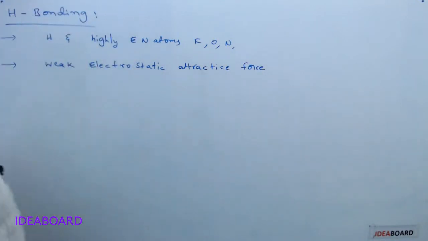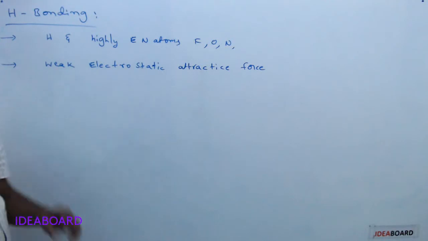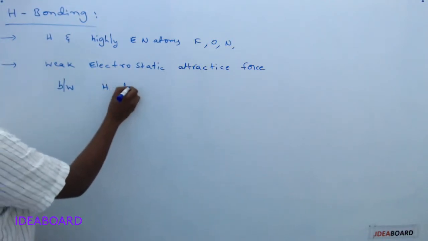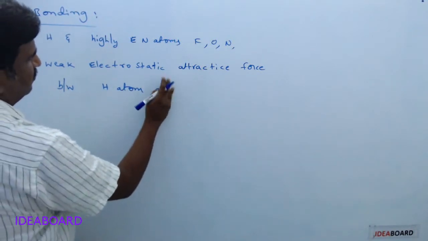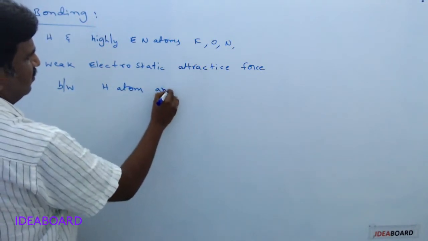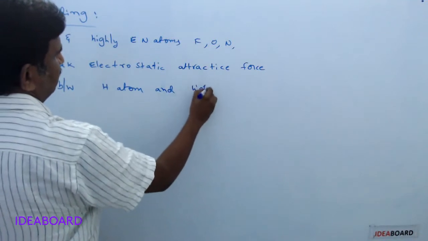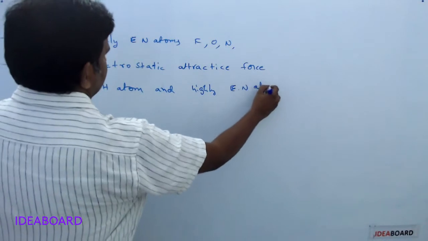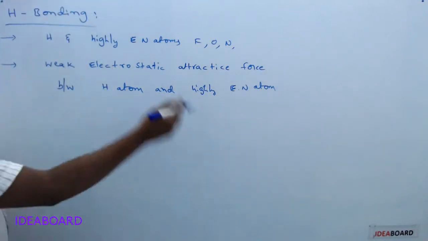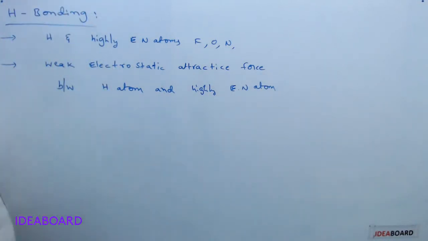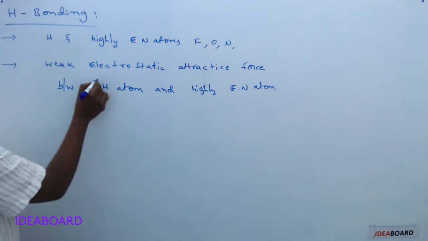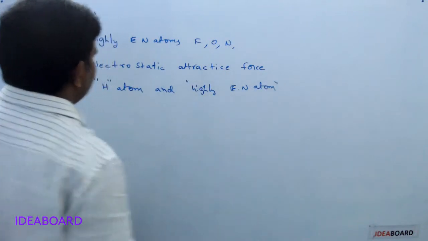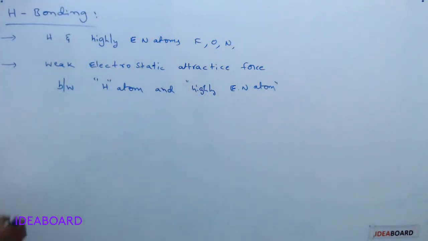Hydrogen bond is considered as a weak electrostatic attractive force between a hydrogen atom and a highly electronegative atom of different molecules, or sometimes in the same molecule also. So the hydrogen atom and the highly electronegative atom have weak electrostatic attractive forces.